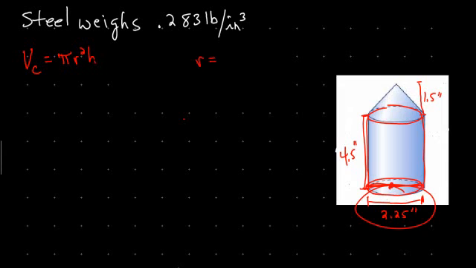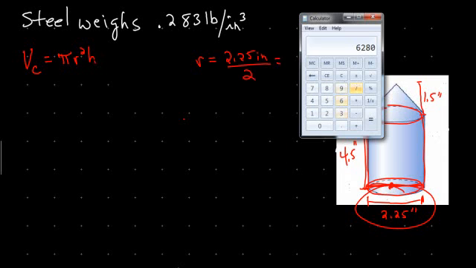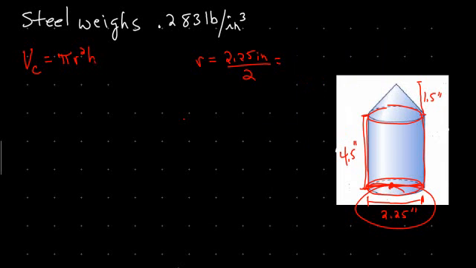R equals 2.25 inches divided by 2, and we'll get what the radius is. That's okay, we all make mistakes. 2.25 inches divided by 2, 1.125 inches.